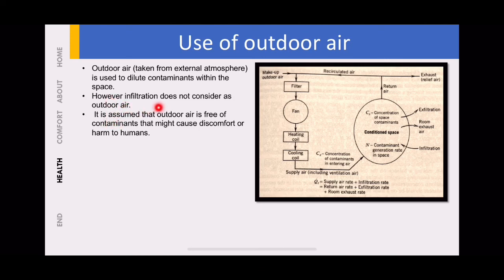However, infiltration is not considered outdoor air. Infiltration means, for example, if your door is not shut tight, there's a gap between your door, your window, cracks of the door, cracks of the wall, that leaks out the cold air, precious cold air, from the room. These are not outdoor air. We consider them leakage or infiltration.